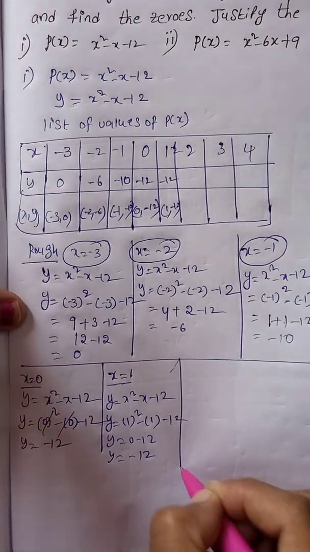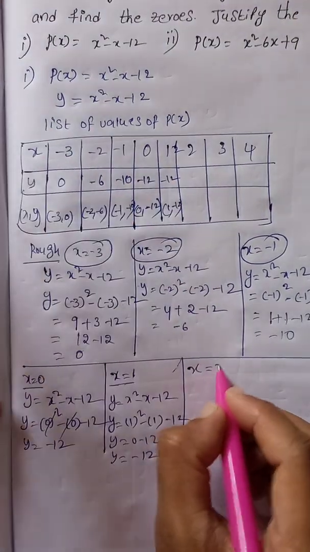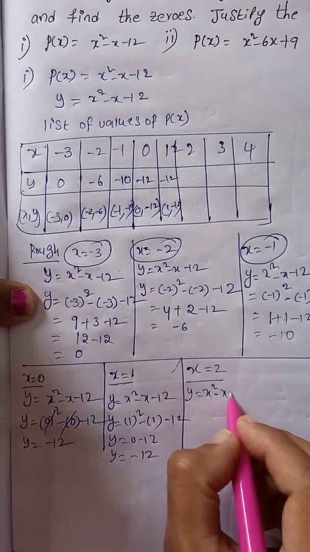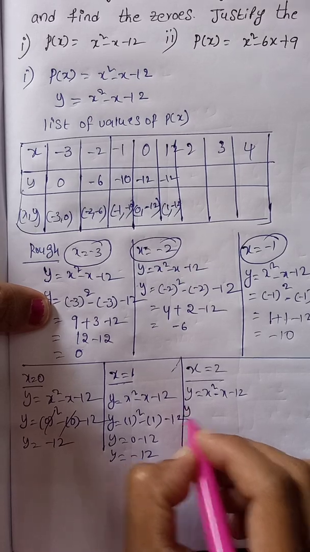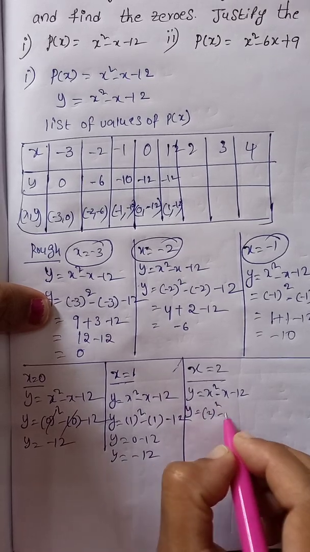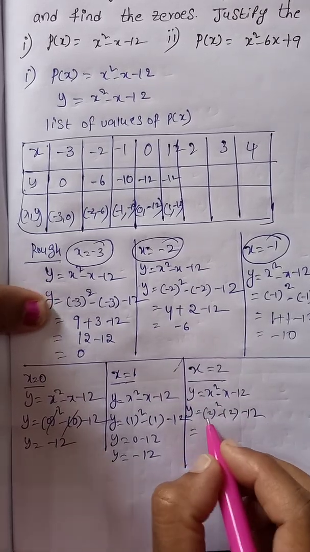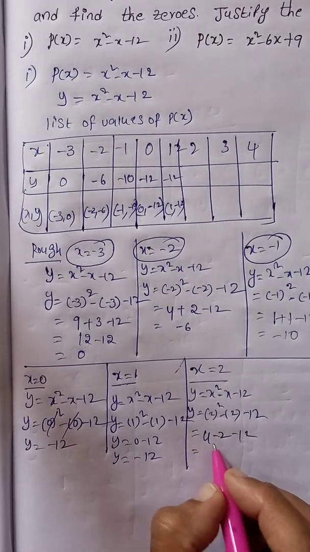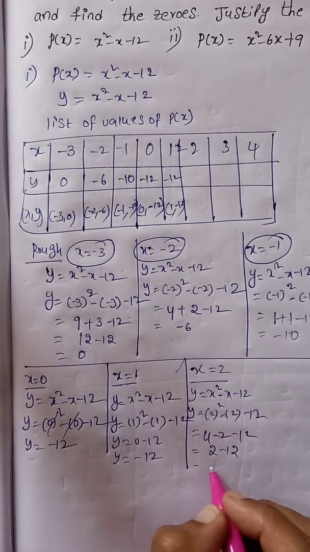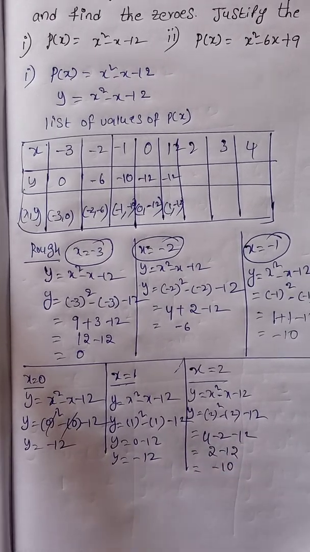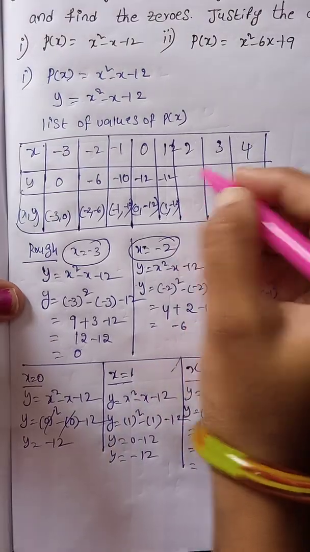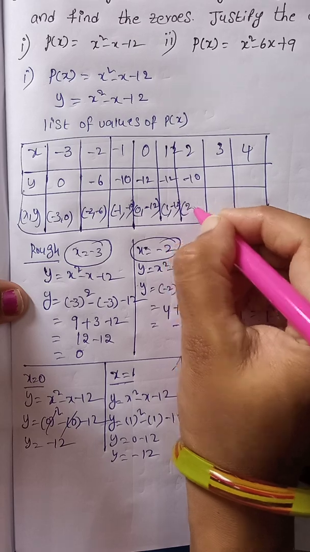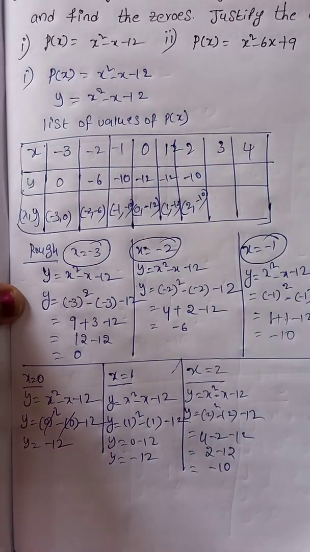Next, x equals 2. y equals x square minus x minus 12, so y equals 2 whole square minus of 2 minus 12. 2 whole square is 4, minus 2, minus 12. 4 minus 2 minus 12 is minus 10. So x equals 2 means y equals minus 10: 2 comma minus 10.